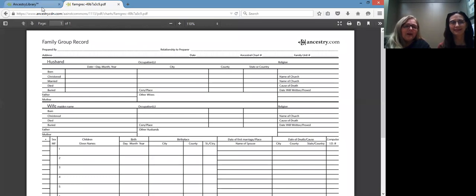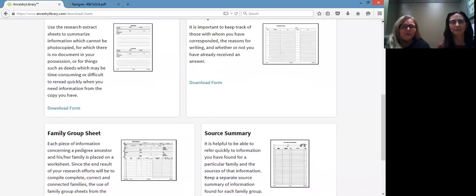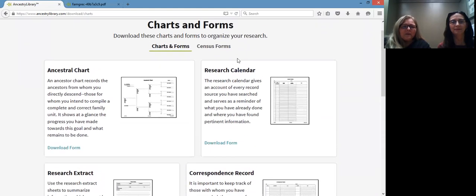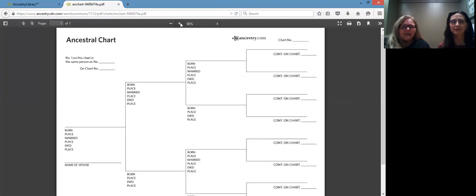So we're going to go back, and we're going to go to the other one that we use the most, which is the ancestral chart. And this is also called the pedigree chart. And this is what it looks like. On this one, you always start with yourself.